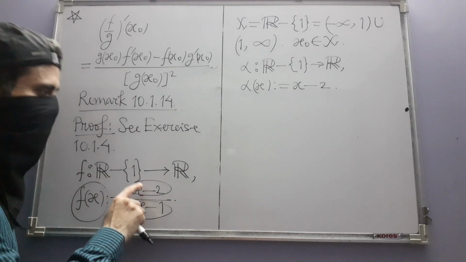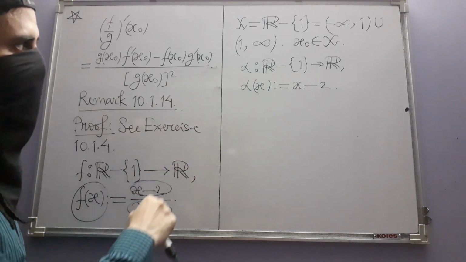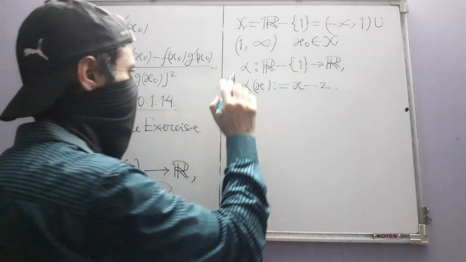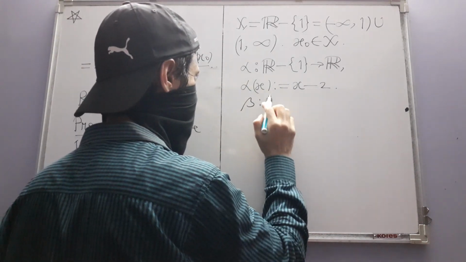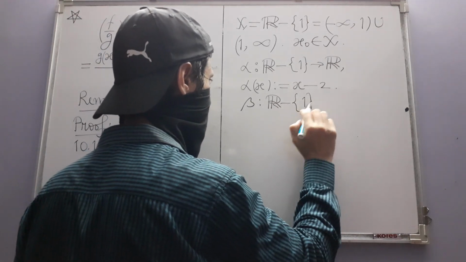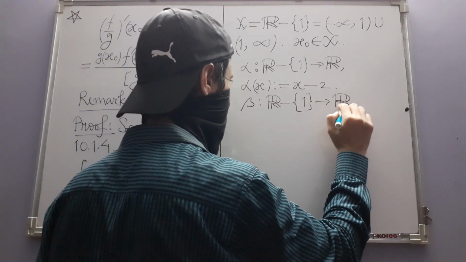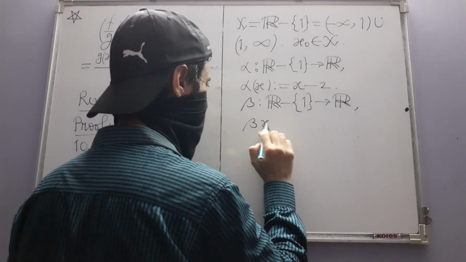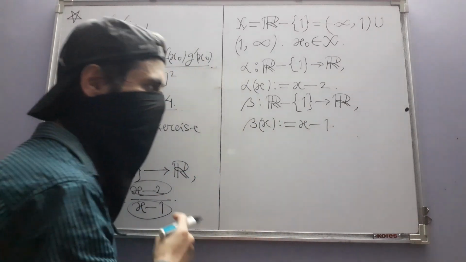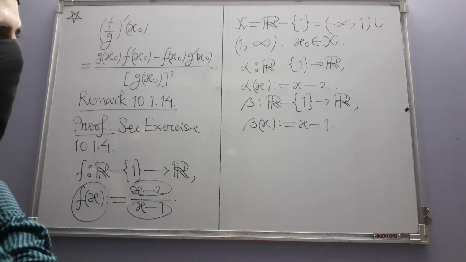So here also you cannot actually consider alpha on the entirety of R. Fine, that's okay. But we also have this function beta, and beta of x is of course x minus 1.